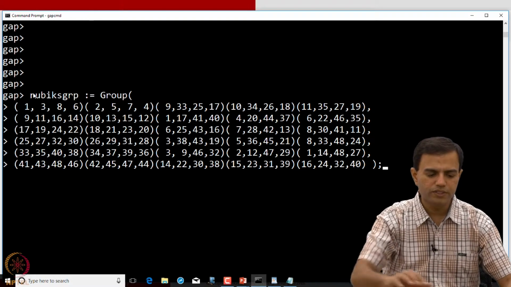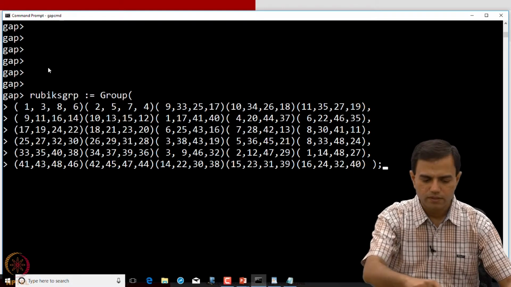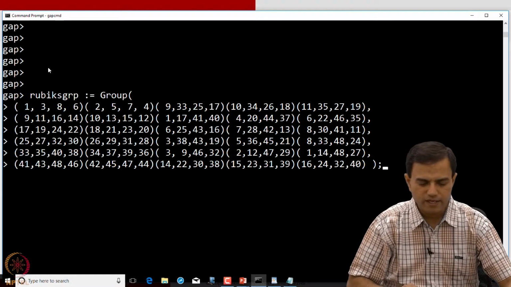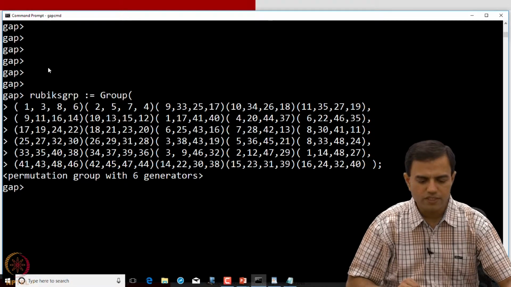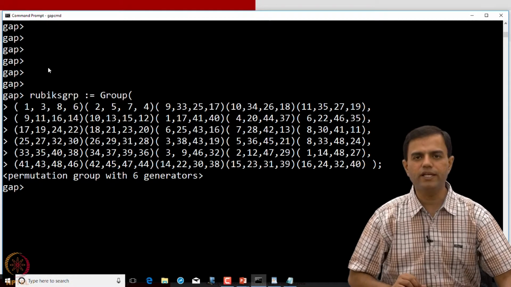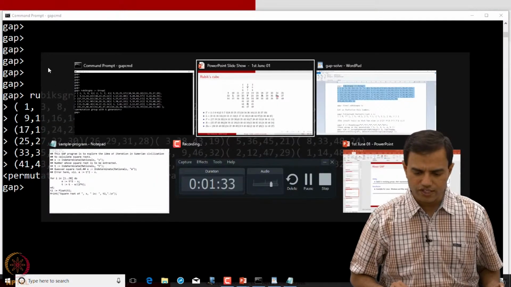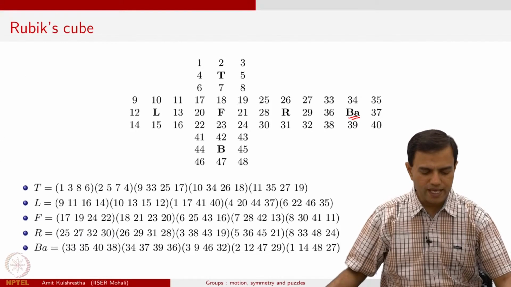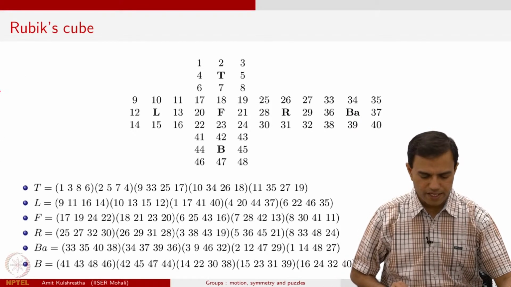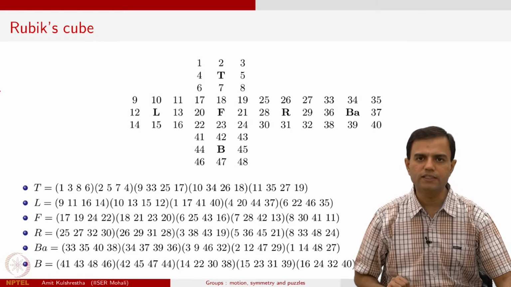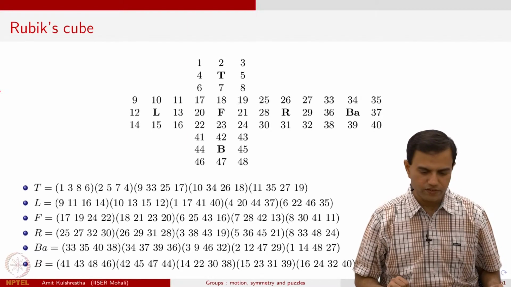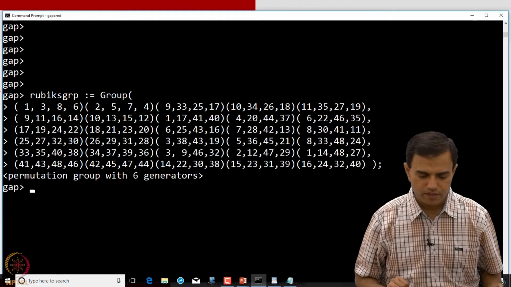So I have put all this, and I enter. What it says is that I have created a permutation group with 6 generators, and you recall what those 6 generators are? They are precisely T, L, F, R, B and A, all these things. Those are the 6 generators of the Rubik's group.